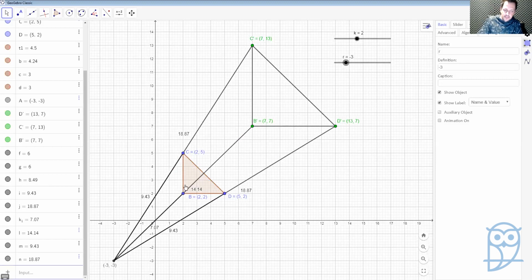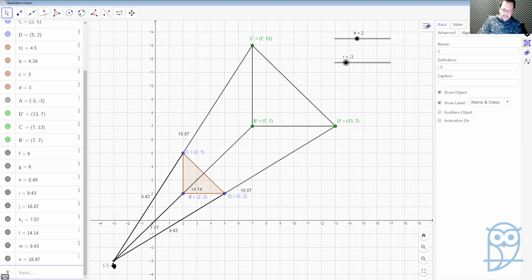So if we go from here to B, it is 1, 2, 3, 4, 5 up, 1, 2, 3, 4, 5 to the right. To get now to B dash, you need to do another 5 and 5. 1, 2, 3, 4, 5 up, 1, 2, 3, 4, 5 across.